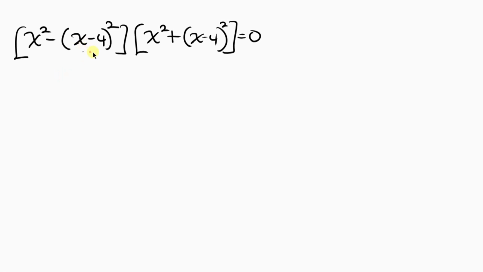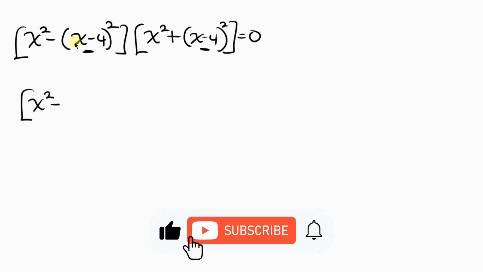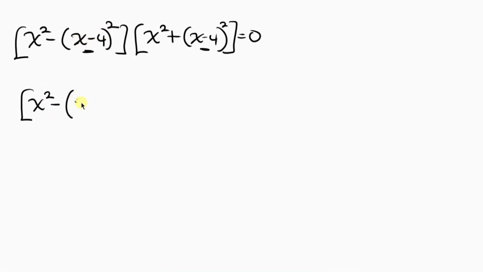Now, let's expand what we have here and here. So we have, this is x squared minus, on expanding (x minus 4) all raised to the 2, we have x squared minus 2 times x times 4, that is 8x, and then plus 4 squared is 16.